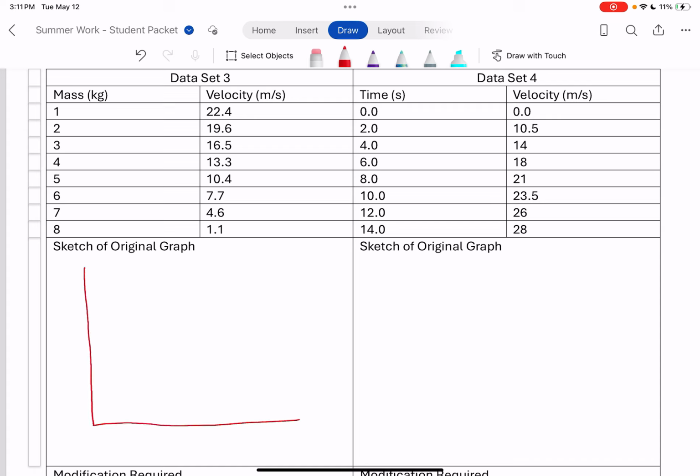Okay, let's sketch our graph. We have mass on our x-axis in kilograms, velocity on the y-axis in meters per second. I'm going to graph my original graph. My biggest mass is 8, so I'm going to do 1, 2, 3, 4, 5, 6, 7, 8.